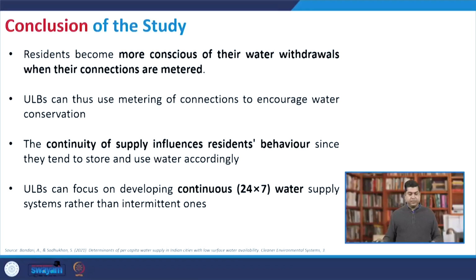Coming to the conclusion of this study, residents become more conscious of their water withdrawal when there is a connection or meter. It's the same as with electricity: whenever you know that you have a meter, when you leave the room, you always switch off the appliances. But for water, probably we don't, because we just assume that it is being supplied, right?